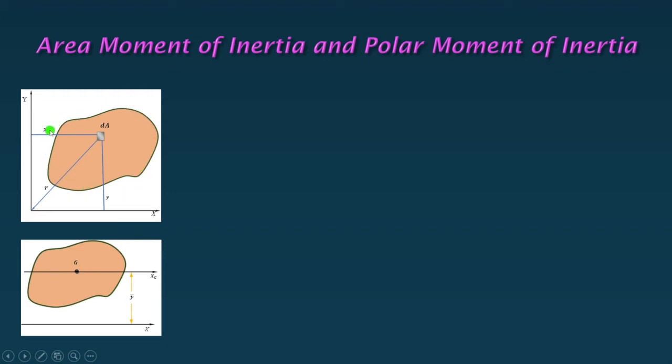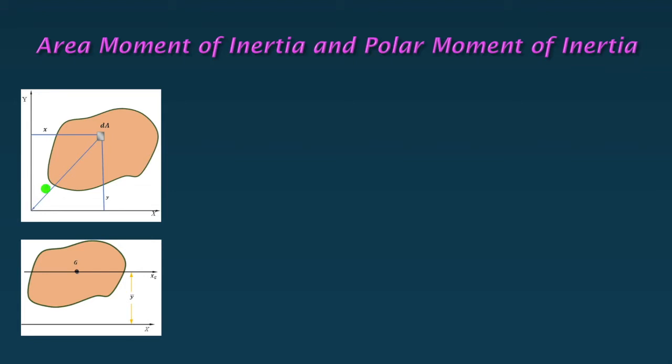The area of this section is A, capital A, and in this area consider an infinitesimally small elementary area dA. The distance of dA from the x and y axes is respectively y and x, and from the origin it is the distance r.